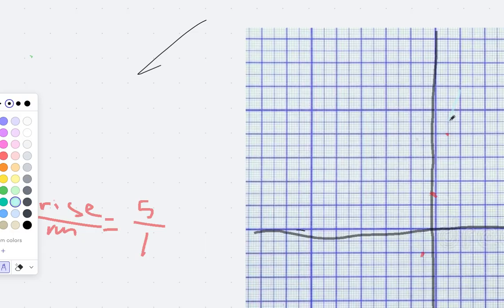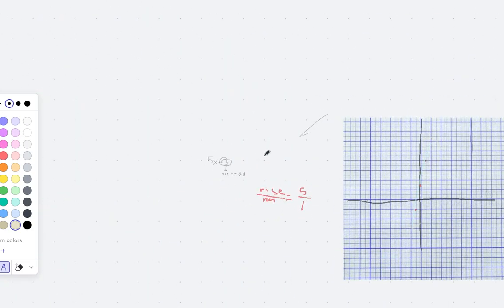So basically, it goes something like this. Is how the graph will go. I don't know if you guys can see it, but there we go. Basically, this is the graph of slope 5. We'll talk about how to graph linear equations in more detail next class. Anyways, bye.